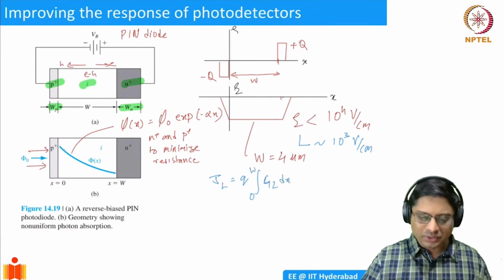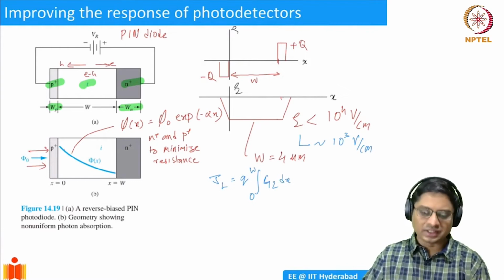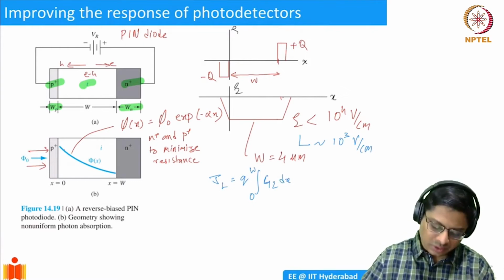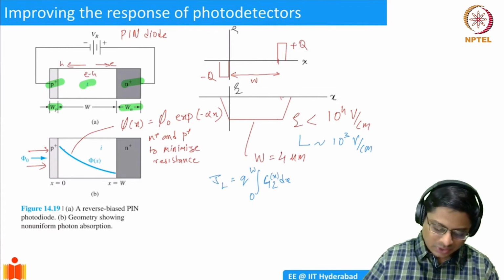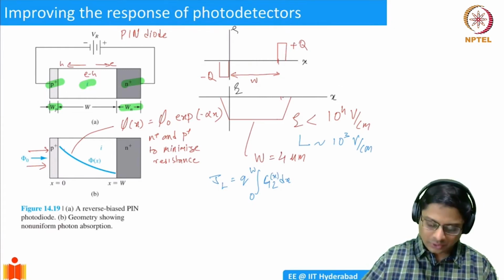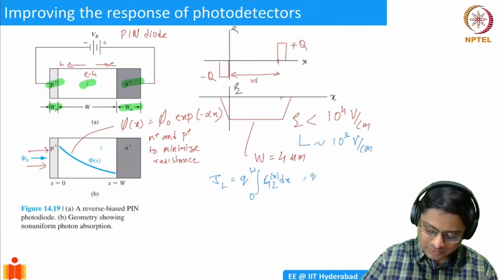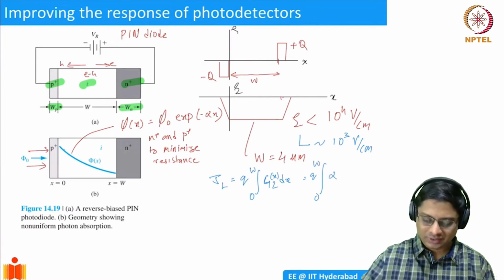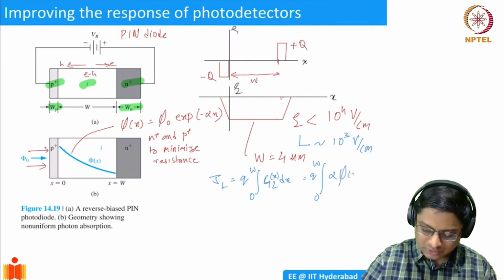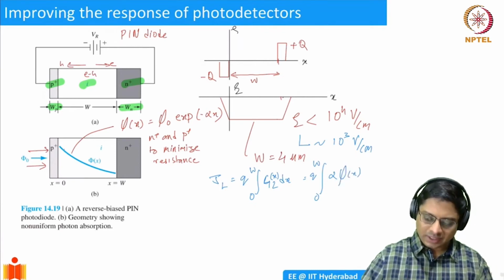Or rather, GL is a rate, right? At each location, it's going to produce a slightly different number of electrons because there's a decay in the photon flux. So this is going to be equal to Q times the integral from 0 to W of alpha, which is the absorption coefficient, times the flux at that point, phi of x, dx.